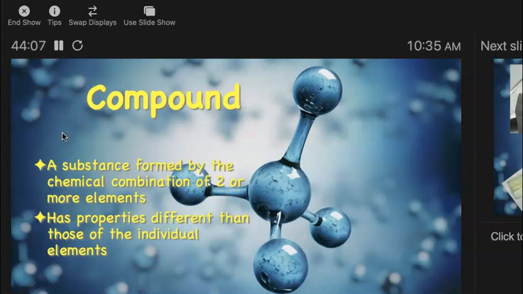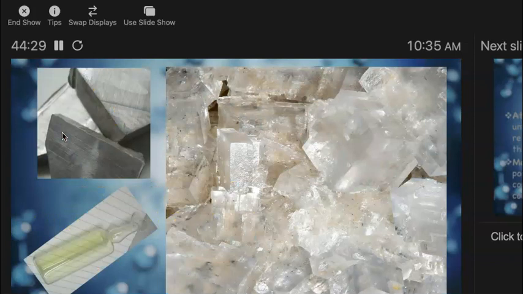So compounds are really special. And I don't expect you to leave this room thinking all this amazing stuff about compounds every time you see one, you ooh and ah. But do keep that in mind. If you're trying to find an appreciation in chemistry, this is a great place to start, to get past all those balancing equations and everything. Compounds truly are wonderful.